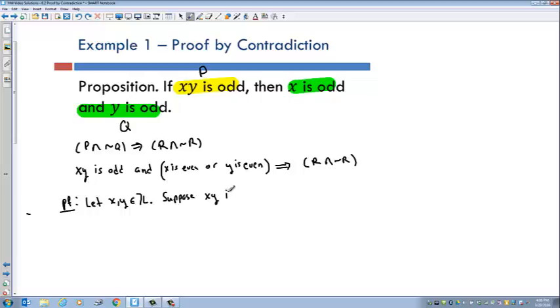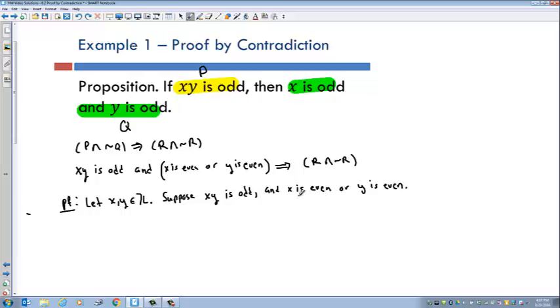So x times y is odd, and x is even, or y is even. All right, so one of these two is the case.